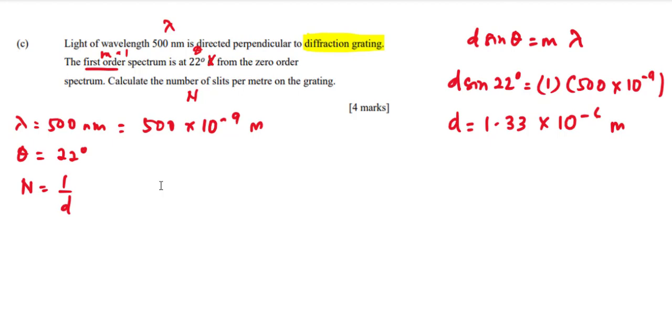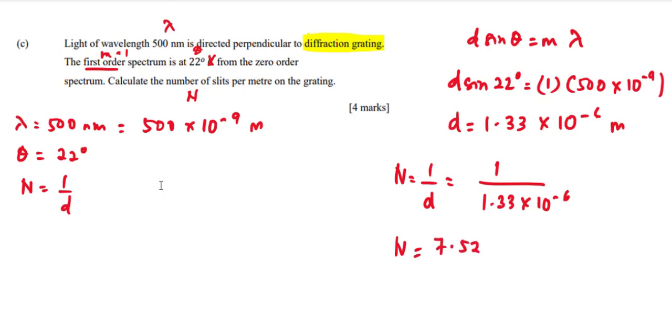That is N equals 1 over d, that is 1 over 1.33 times 10 to the power of negative 6. So N is equal to 7.52 times 10 to the power of 5 slits per meter.